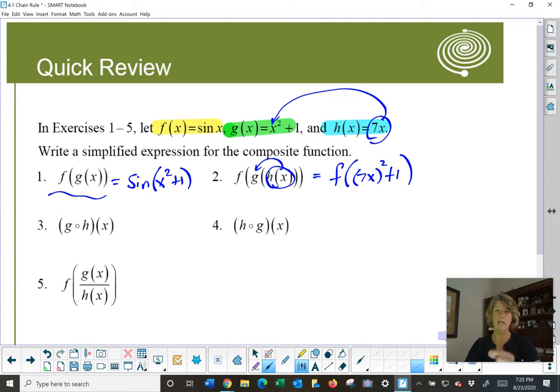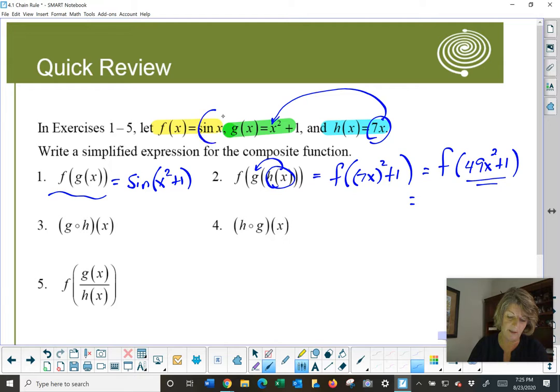That's taking h, putting it into g. That's going to look like f of 49x squared plus 1. And now that is going to leap into sine of x. X gets replaced with 49x squared plus 1.